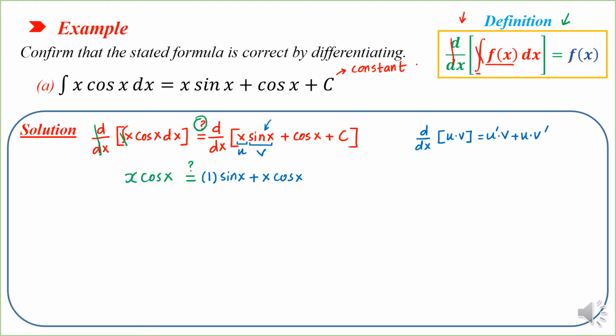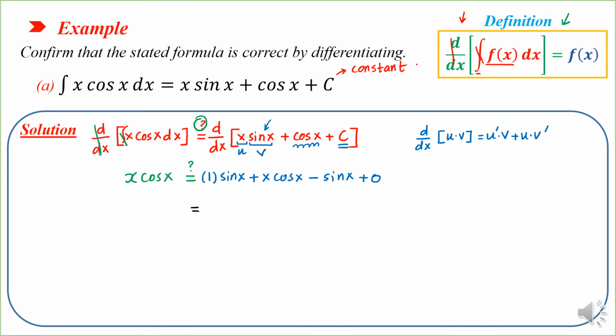In the second term we have cosine x, and as you know, the derivative of cosine x is negative sine x, and since c is a constant, the derivative of any constant equals 0. Now you have to simplify the derivative on the right hand side.